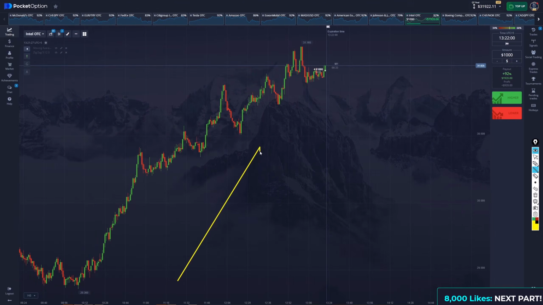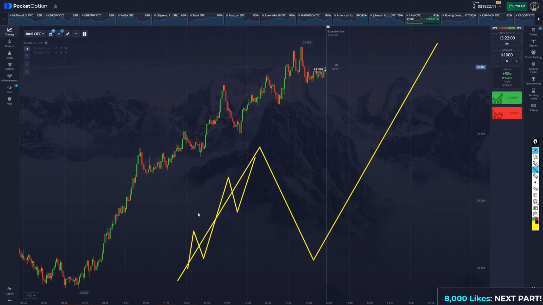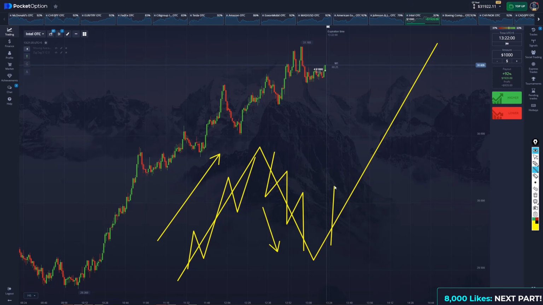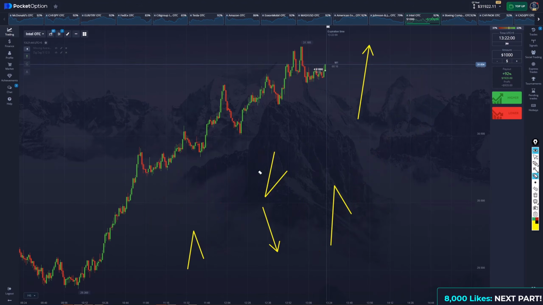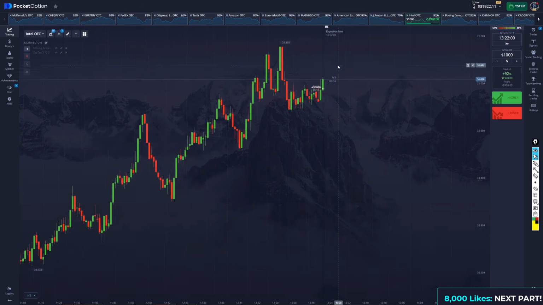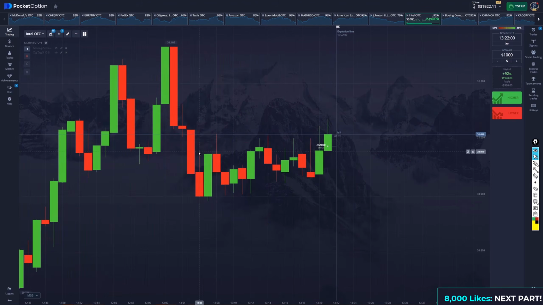Okay, so if this is our major trend, this is going to be our minor trend. Okay, minor trend uptrend, minor trend downtrend, again minor trend uptrend. So if we have major uptrend, we only trade in these areas. Okay, so this is going to be my first trade.